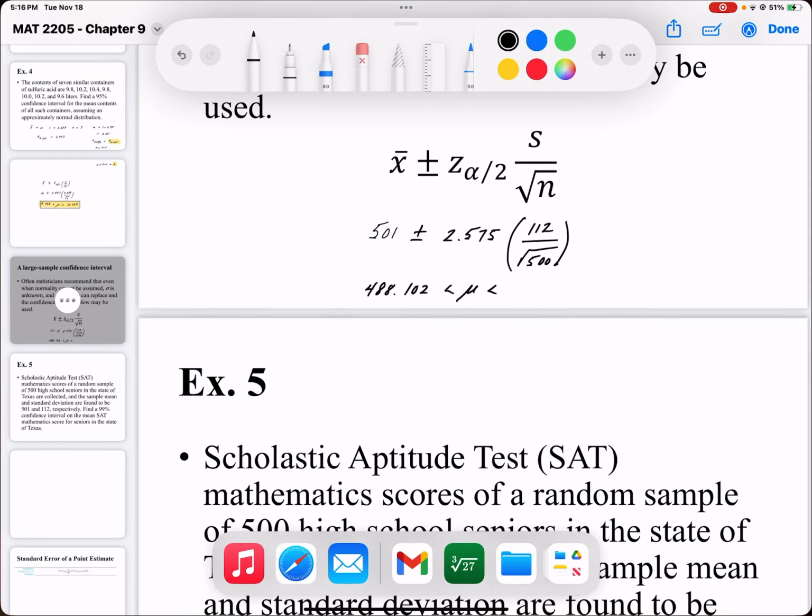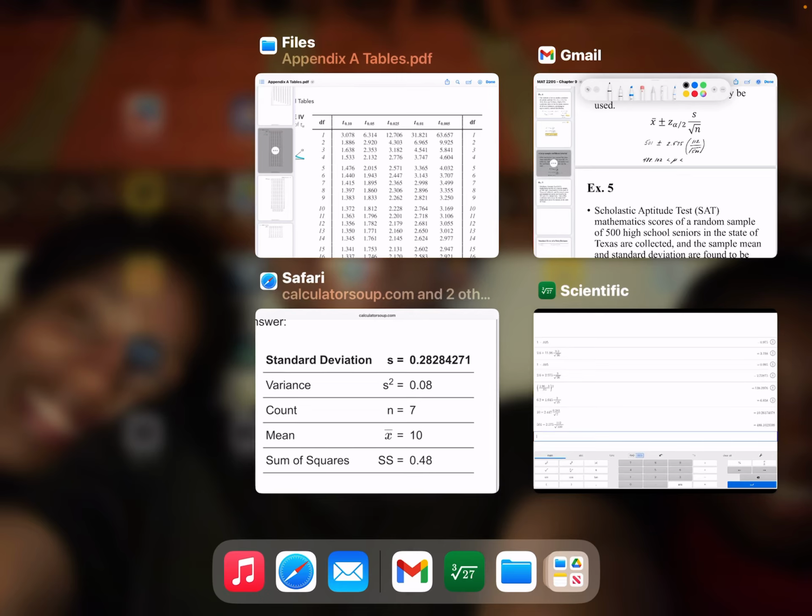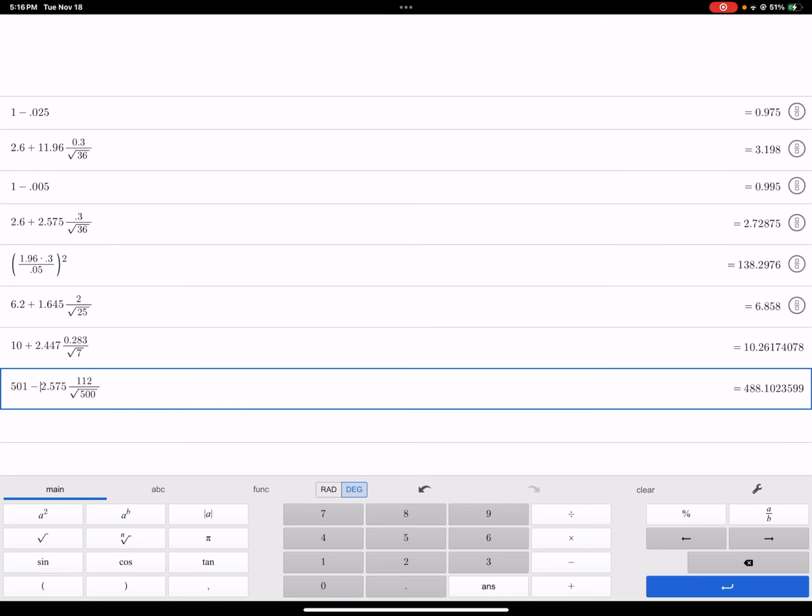So we know that our population mean is going to lie between that number and 513.898.